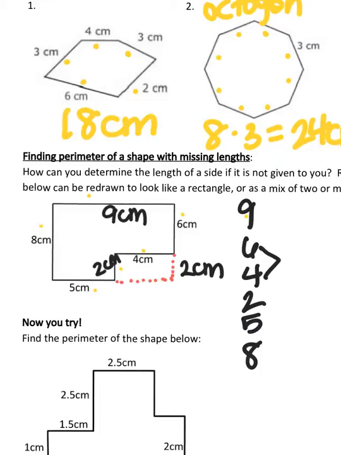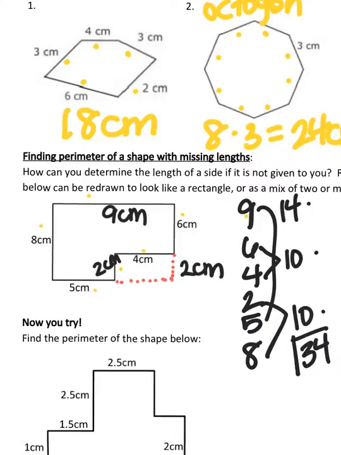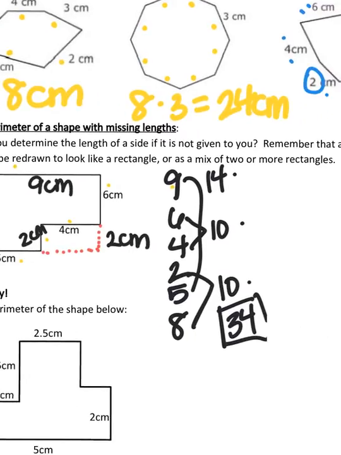So 6 and 4 are 10. 8 and 2 also equals 10. And then left over I have 5 plus 9, which is 14. So that gives me 10, 20, 30, 34. Okay? And remember to label it. In this case, that's 34 centimeters.